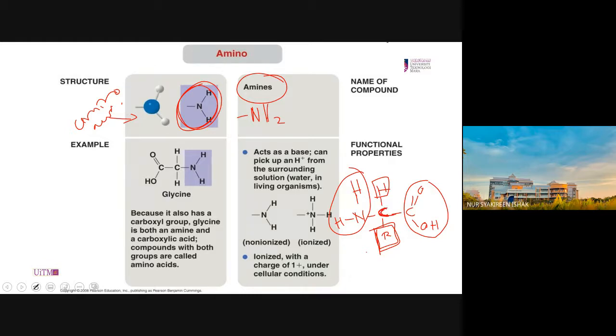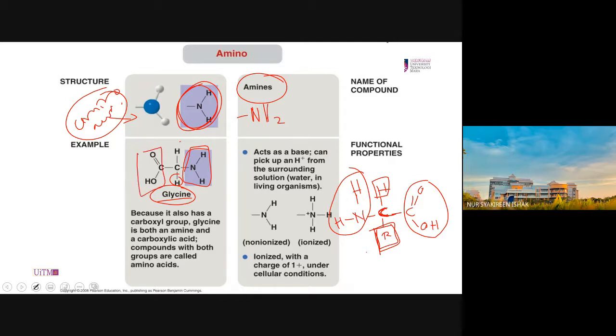One example of amino acid given here is glycine. There are many other types of amino acids based on the side chain. Glycine is a simple amino acid where the side chain is only a hydrogen atom. As you can see, it has the amino group here and also a carboxyl group here.